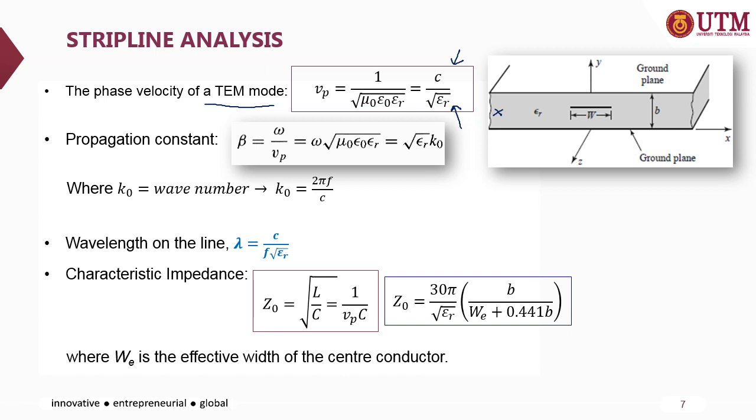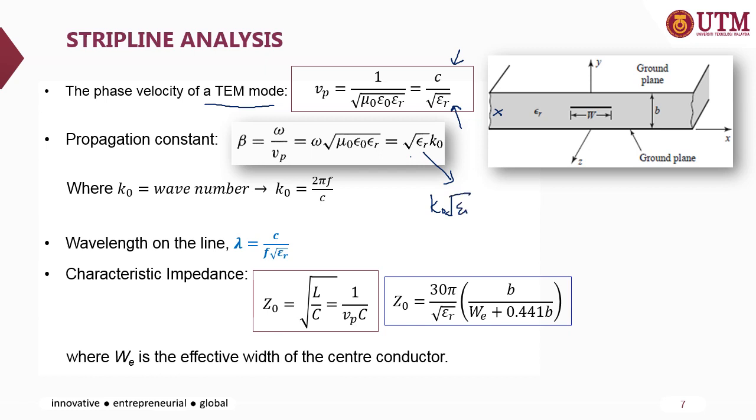Where the strip line is sandwiched in between two parallel metal ground planes, the propagation constant beta is equal to the square root of epsilon r times k naught.